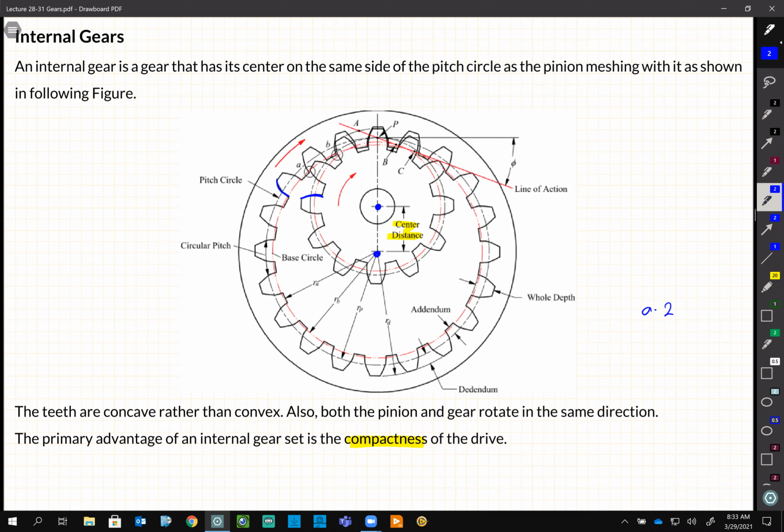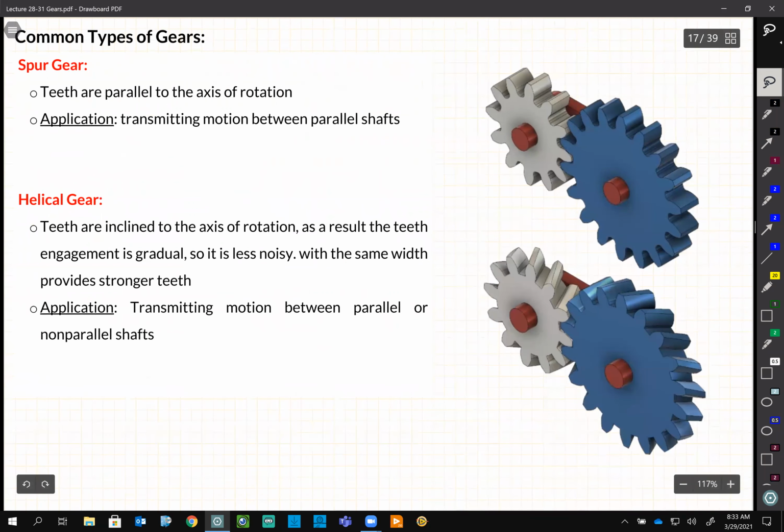So can we have internal gears be helical? Yes, internal gears as well can be helical gears. Remember from last lecture, we said the gears can be spur gears, and in a spur gear, the edges are parallel to the shaft, like the edge here is parallel to the shaft.